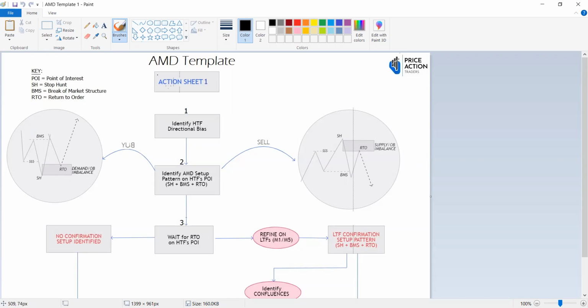The first step we have here, we say identify high-time frame directional buyers. Then the second step, you go to identify the AMD setup in that POI, which is point of interest. In that zone, you have to identify the setup, which is SH plus BMS, SH plus BMS plus RTO.